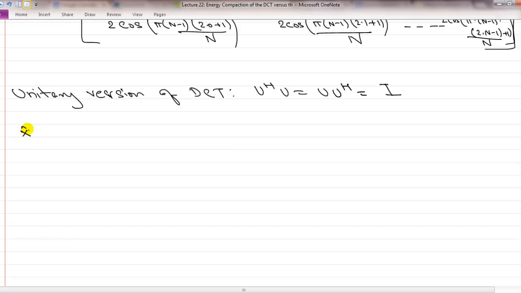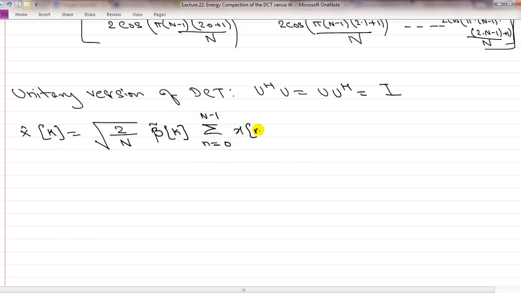X hat k in that case can be simply written as square root of 2 over N, beta tilde of k, summation n equal to 0 to N minus 1, x of n cosine of pi k (2n plus 1) over 2N.